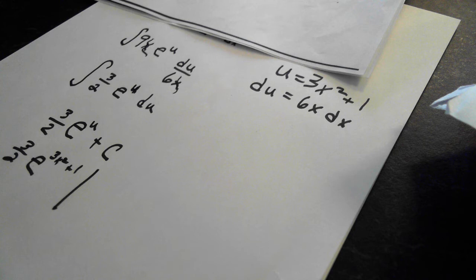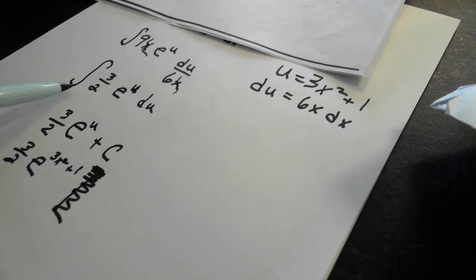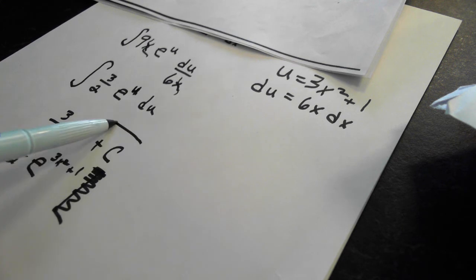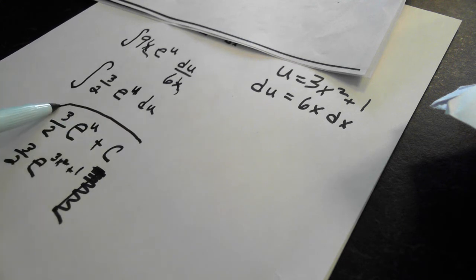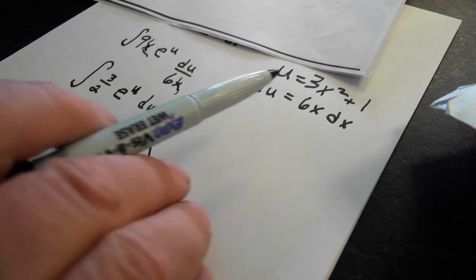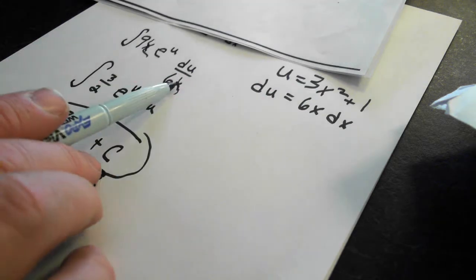Oh, we didn't even have to go any further, did we? They didn't even give us limits on it. There's nothing there and there, so this is the answer, plus c. We took care of the 3x squared plus 1 right here.